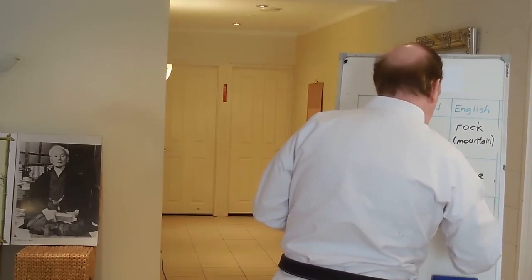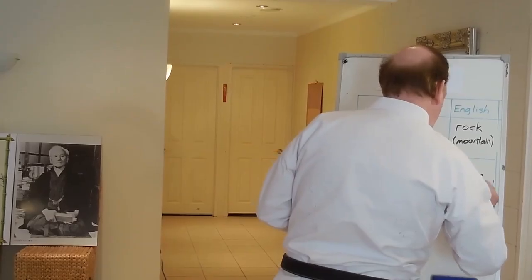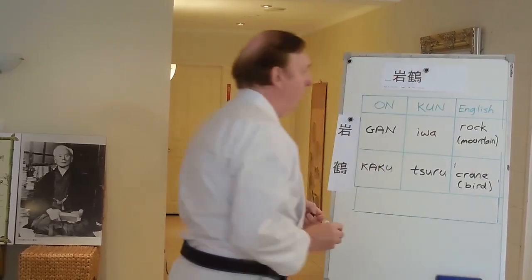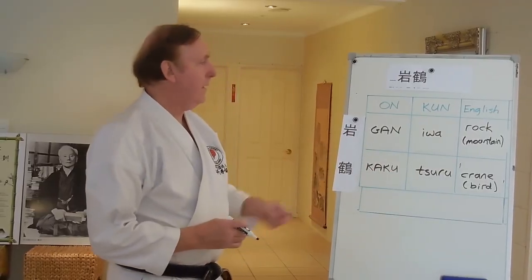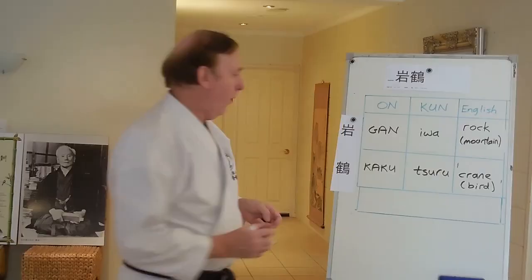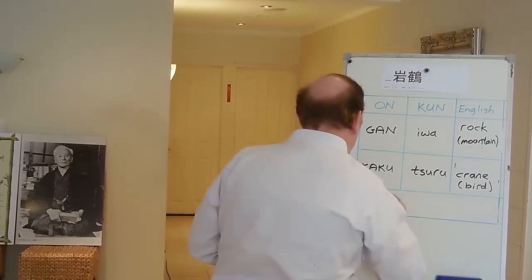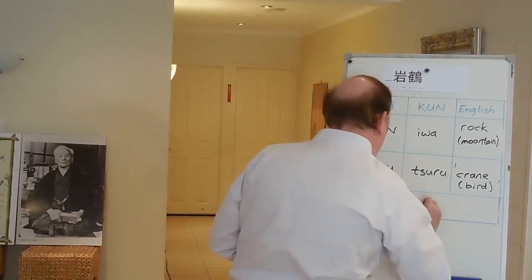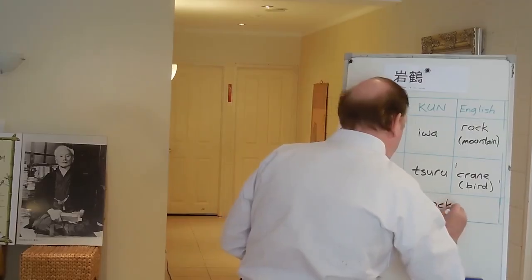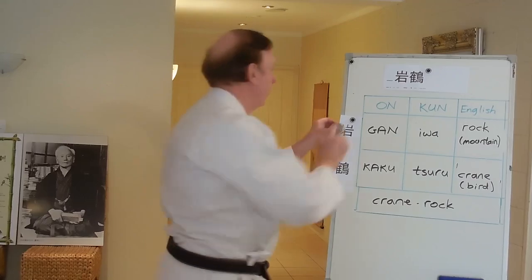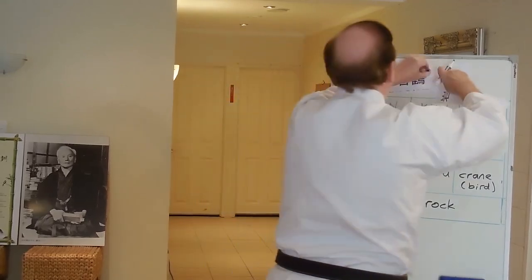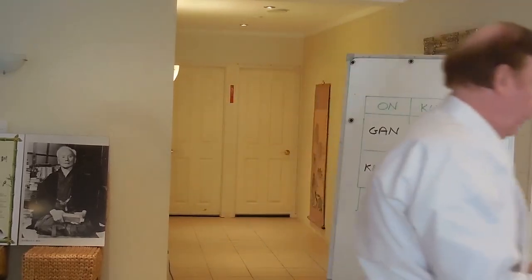Again, that's the bird, not the machine. So, very simple, as you can see. This translates as crane on a rock. So, gankaku, crane on a rock. Take a look at the next one.